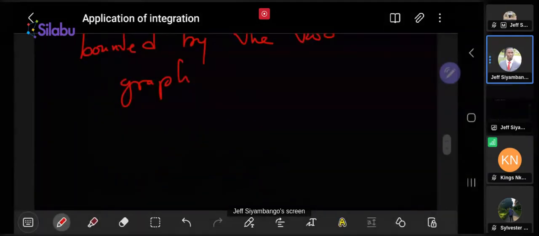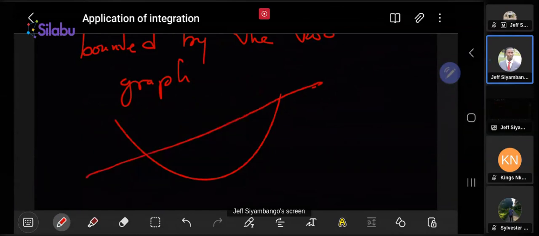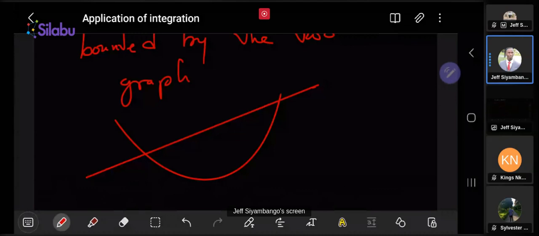Meaning that if one graph is like this, and you have another graph like this, the only area that is completely enclosed by the two graphs would have to be this area inside. This becomes the area bounded by the two graphs.